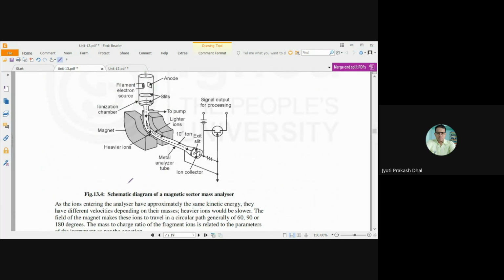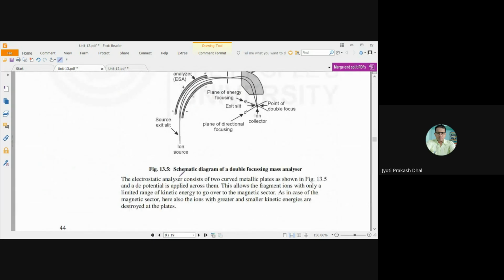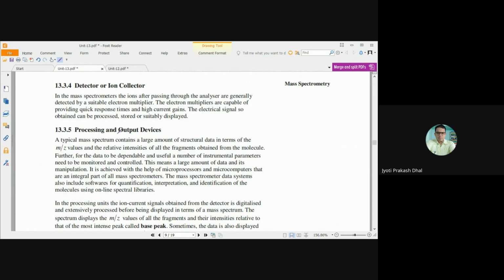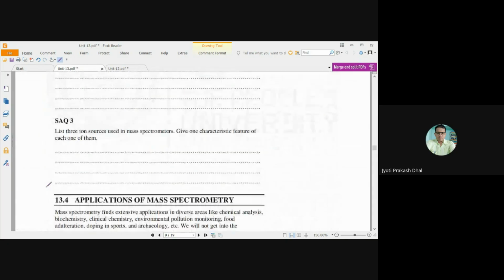These are the schematic diagrams of the magnetic sector mass analyzer, and the next one is the schematic diagram of a double focusing mass analyzer. Now coming to the detector or ion collector, and after that the processing and output device.